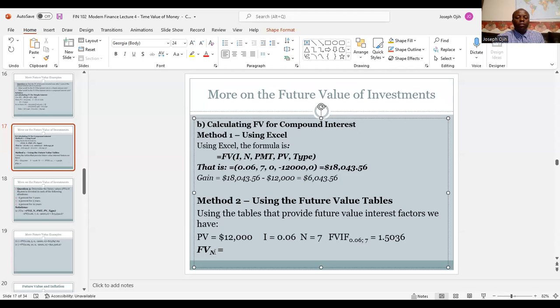So the future value of this investment in 7 years' time will be the present value times the future value interest factor for 6%, comma, 7 years.